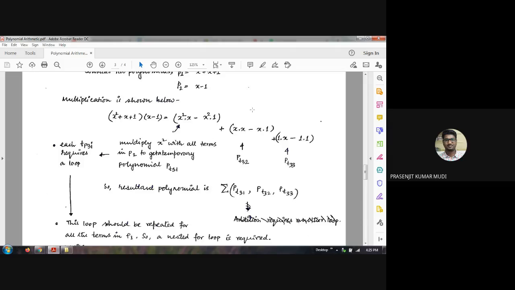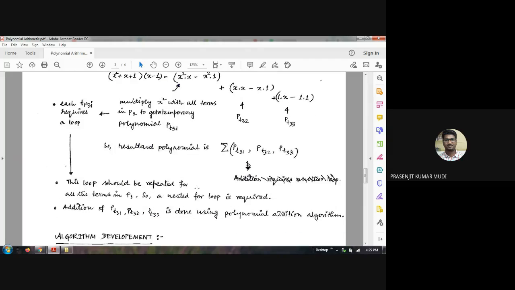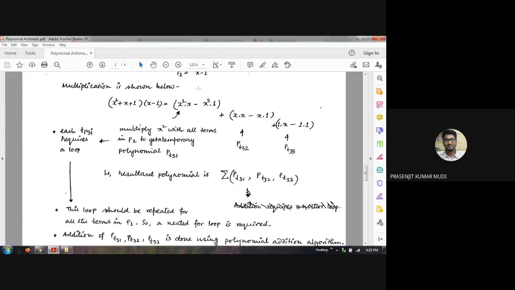And for that purpose, you require another loop. So you require a loop inside another loop. That's why we come to this position that we require a nested for loop. The outer for loop should be controlling the number of terms in the resultant polynomial. In this case, it is 3.